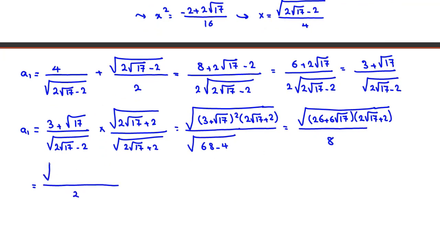Because you didn't divide the numerator by 2, when it goes inside the square root, you divide it by 4. You divide each bracket by 2, it will be 3 plus 13 plus 3 root 17 times root 17 plus 1.